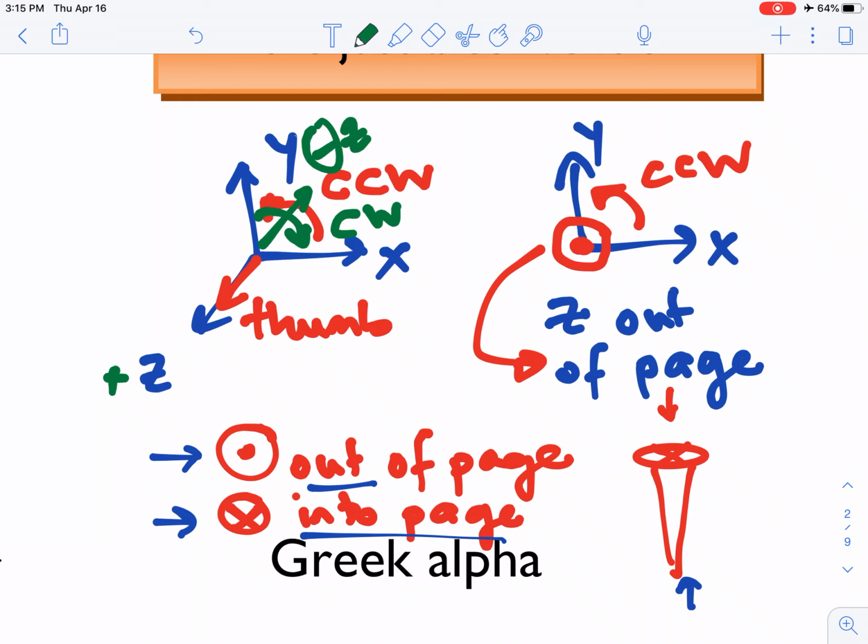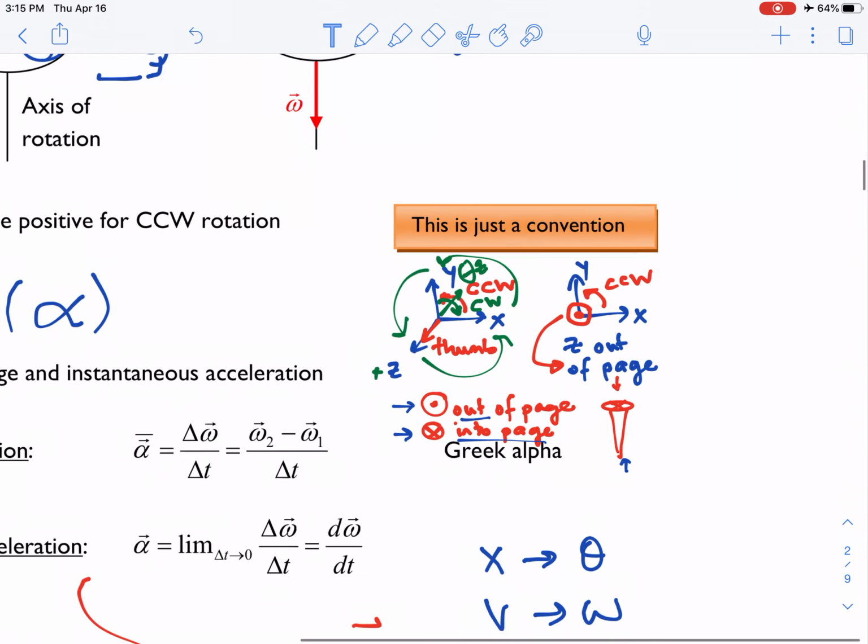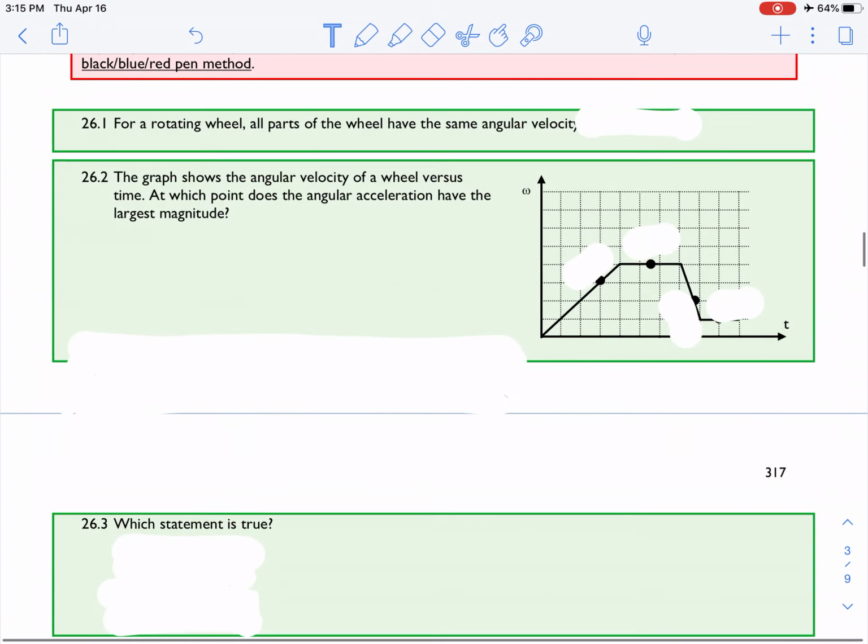It couldn't be x, z, y. When you go in a counterclockwise order, you have to follow x, y, z. That order is so important, and that's going to be very important later on when we talk about the cross product between vectors, and that's coming very soon.